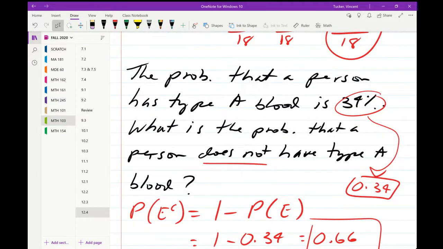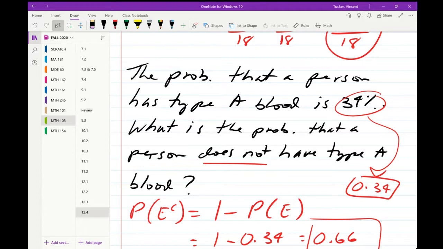Right here, the probability that a person has type A blood is 34%. What is the probability that a person does not have type A blood? So 34% is the probability that a person has type A blood.